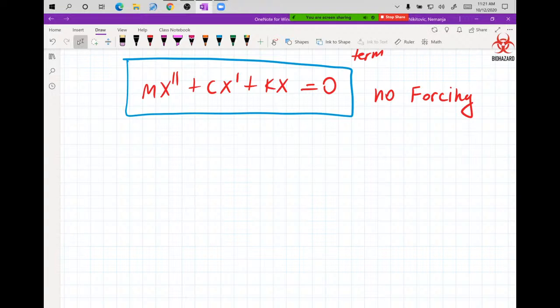Now that we have this situation, we can take a look at some of these basic motions. The first part is the first picture on top, which we'll call the free undamped motion.